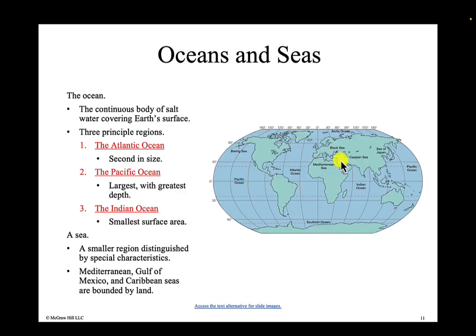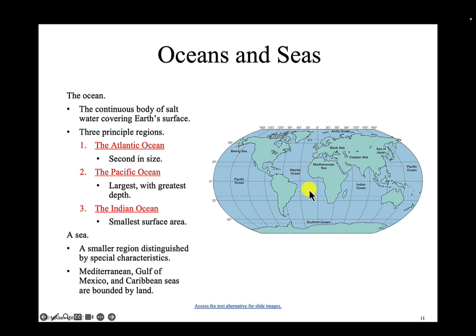We have three main oceans on Earth, right? We have the Pacific Ocean, which is the largest ocean that we have, with the greatest depth as well. We also have the Atlantic Ocean. There is something in the middle of this Atlantic Ocean that we talked about, I think, in week number 5. What's the name of this thing that's in the Atlantic Ocean again?